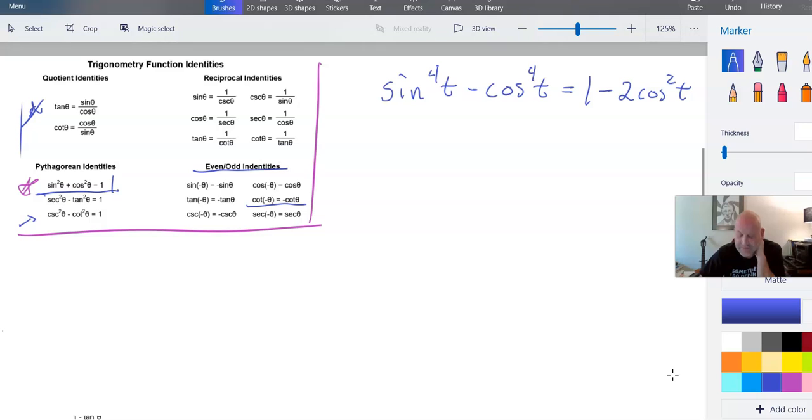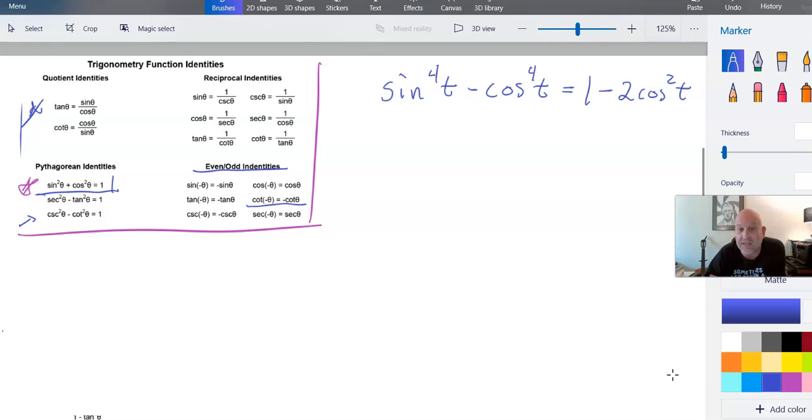Now, this is one of those times where you may or may not be able to see that far ahead, but if you factor this, it turns out one of your factors goes away. So let's take a look here. Sine to the fourth t and cosine to the fourth t are even powers, which means you can rewrite them as squares.